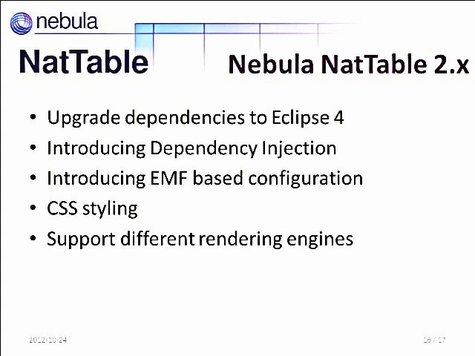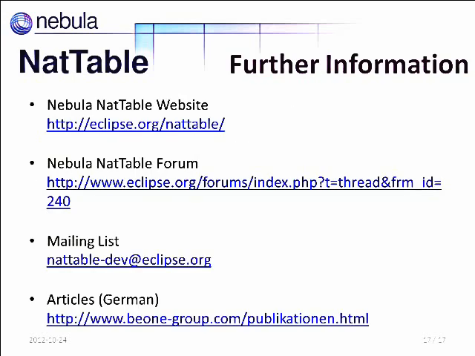As you can see here, we are trying to add CSS styling and support different rendering engines. This is what we are planning to do, but as I said, there is no current release date. We're in the design phase and have to look at what's possible and what's not. But we definitely want to reduce the configuration efforts. If you have any further questions, feel free to ask me.